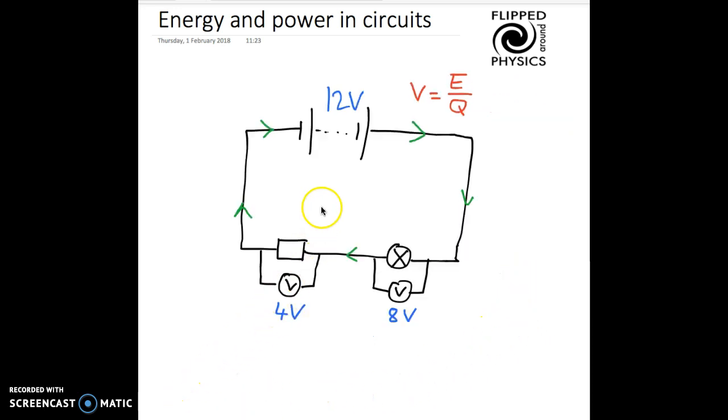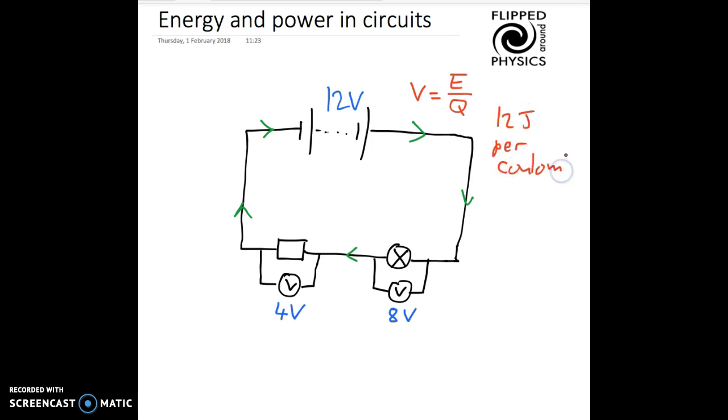I've now drawn a circuit with two components in it. So in this case we have a lamp or bulb, and we have a resistor. And I've also shown the potential difference dropped across both. And what we find is that again, charges pick up energy as they pass through the battery, and in this case they will pick up 12 joules per coulomb of charge.